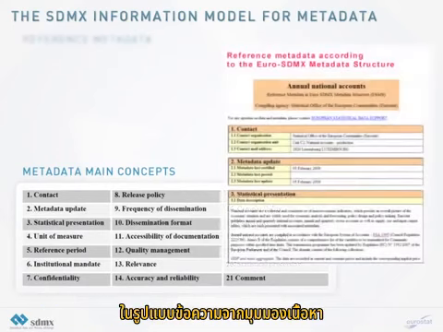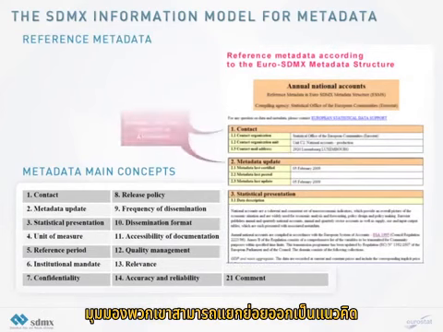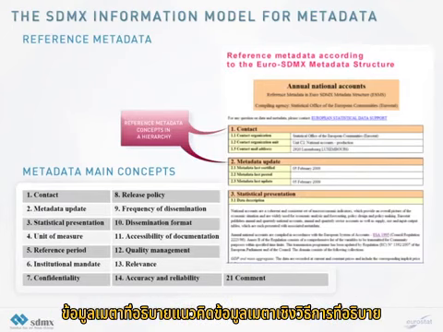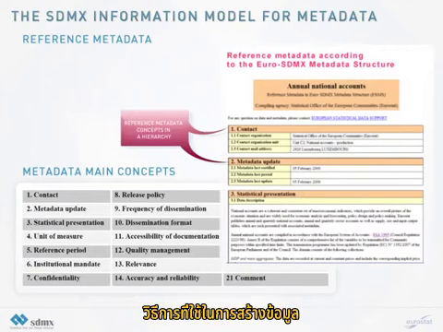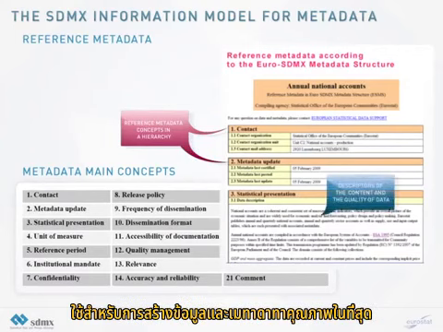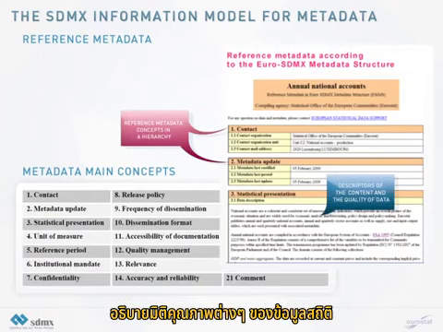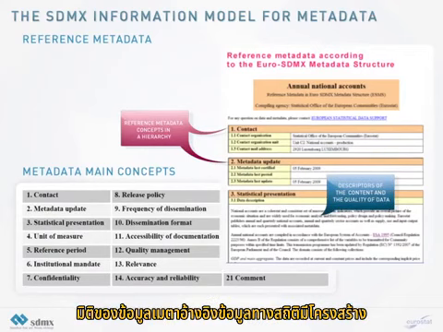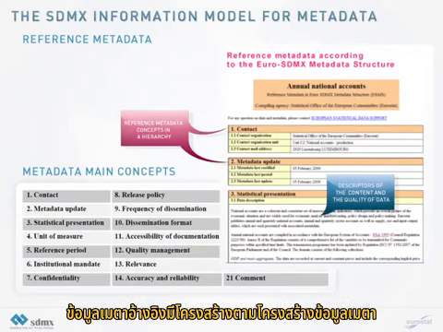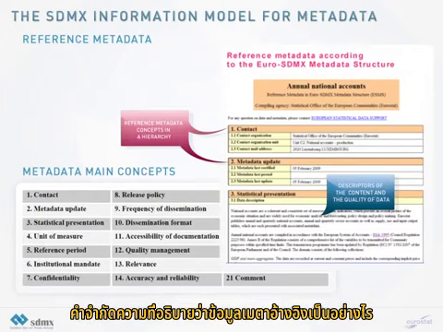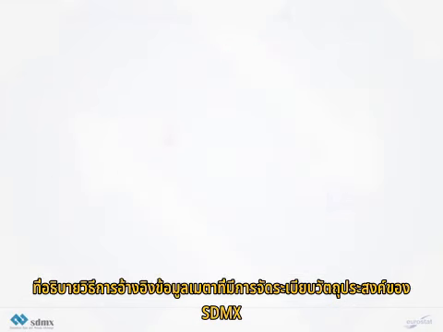From a content point of view, they can be broken down into conceptual metadata describing the concepts, methodological metadata describing methods used for the generation of the data, and, finally, quality metadata describing the different quality dimensions of the statistical data. Reference metadata are structured according to metadata structure definitions that describe how reference metadata are organized.